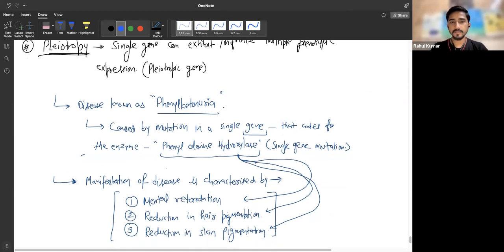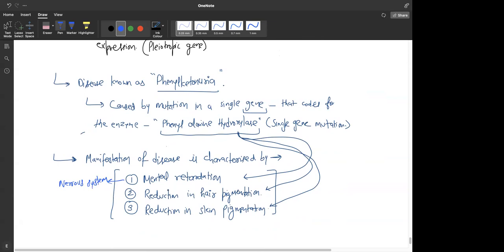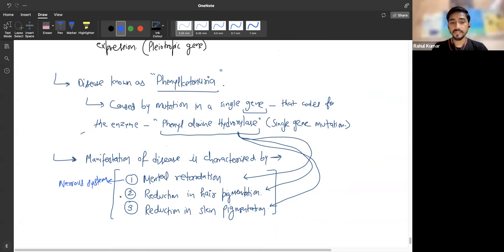And this single gene mutation affects a lot of systems. So if it is causing mental retardation, it is affecting which system? Nervous system? Yes. It's also affecting hair pigmentation and skin pigmentation.